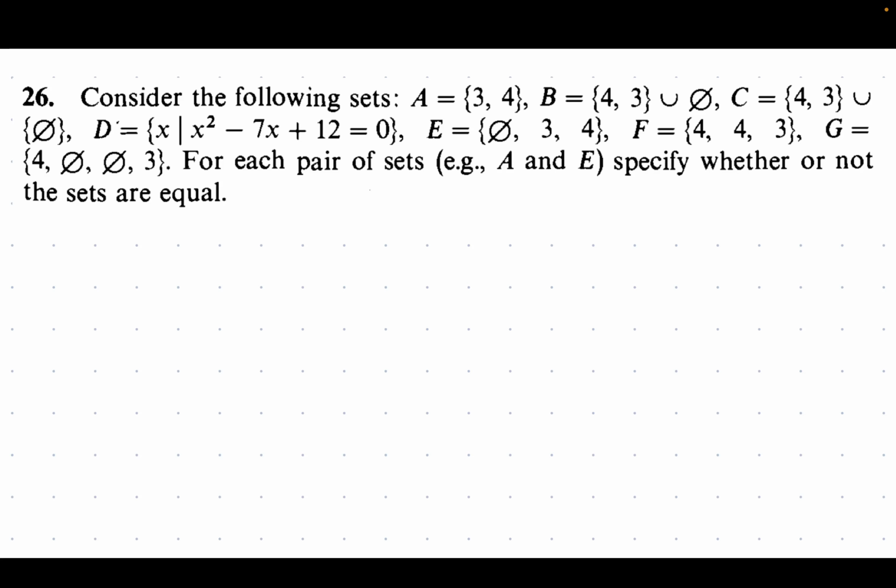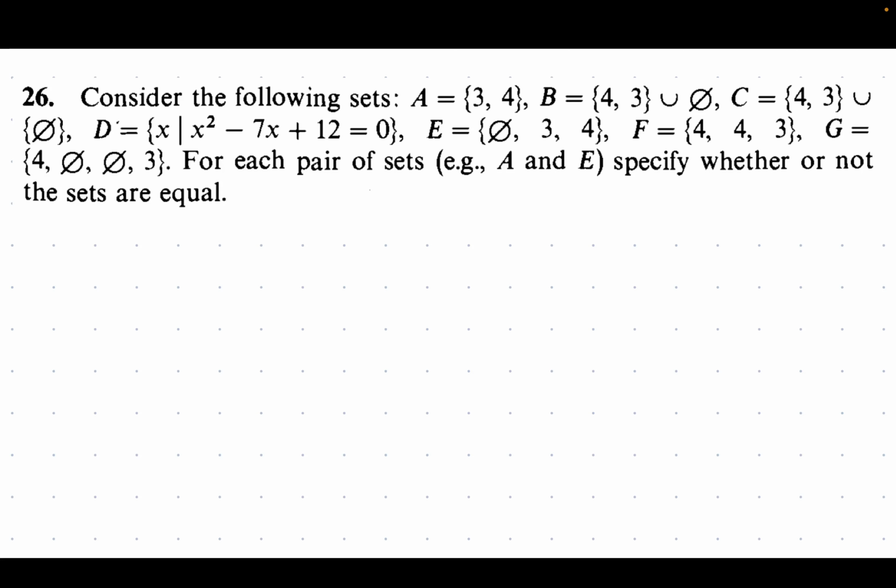I think that there's better ways because you'd have to check every pair out of 7 elements, which is 7 choose 2, which should be 7 times 6 over 2, like 21 or something, which sounds horrible. So let's establish a couple rules for equality, and then we'll use that to reduce these sets to a common form, if you will.